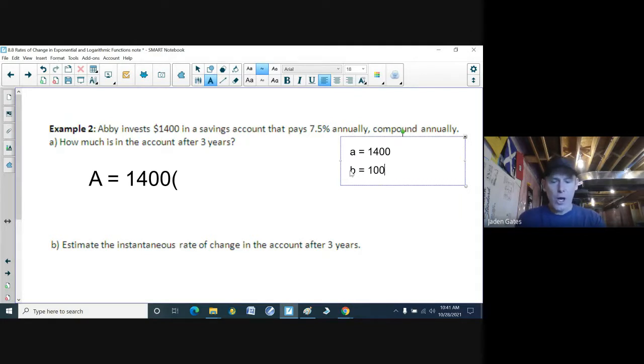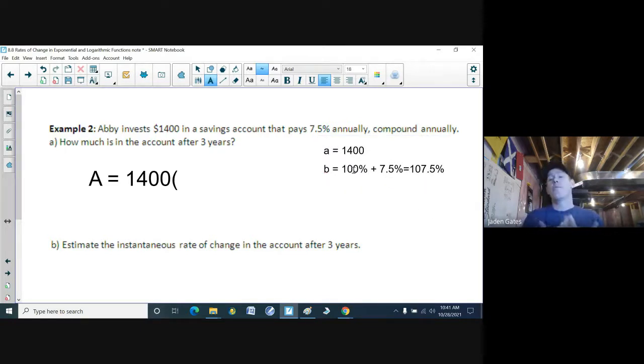So you have 100% of your money, but after 1 year, you've gained 7.5%. So in total, after 1 year, you have 107.5% of your money. It's increased by 7.5%. So the 100 refers to you still have all that money, plus you've got 7.5% more.